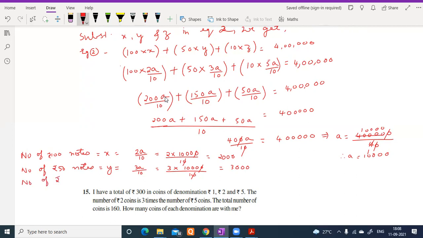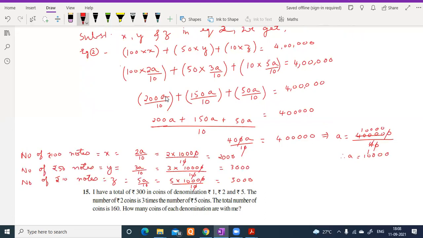Number of 10 rupee notes equals Z, which is 5A by 10, which is 5 into 10,000 by 10, which is 5,000. Hope it's clear. So the number of 10 rupee notes I'm having currently in my pocket is 5,000.